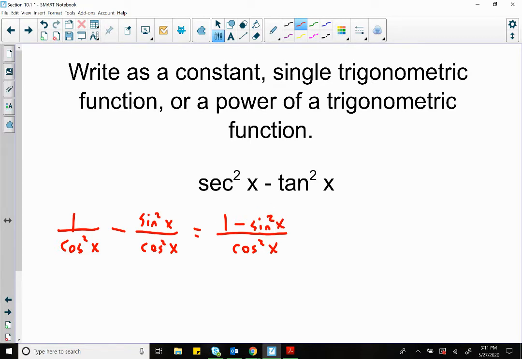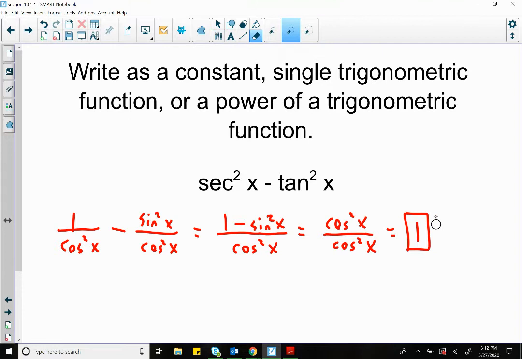That was the first problem I threw at you after we did the negative number identities. We know that 1 minus sine squared is equal to cosine squared x. That's a Pythagorean identity. All over cosine squared x. Hey, what's cosine squared x divided by cosine squared x? 1. There you go.